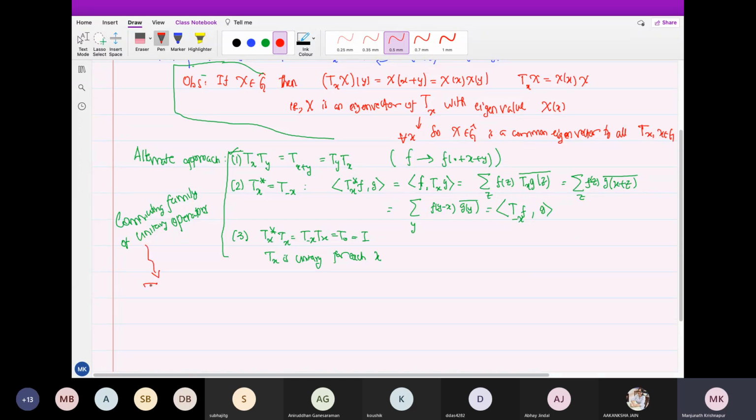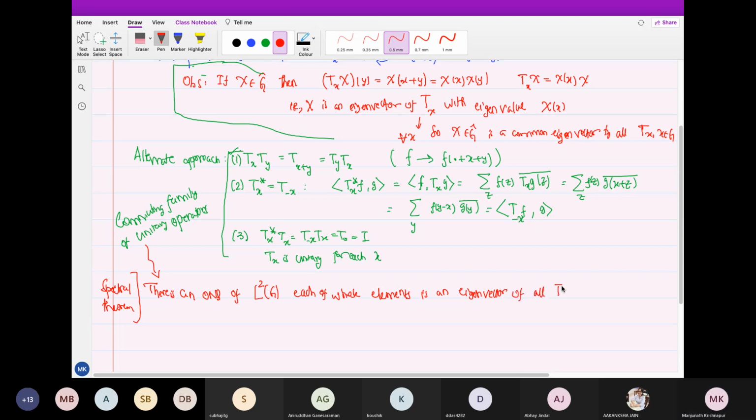So what this implies is the spectral theorem, not for a single operator. The spectral theorem basically says there is an orthonormal basis, some collection, an orthonormal basis of L2 of G, each of whose elements is an eigenvector of all the Tx.